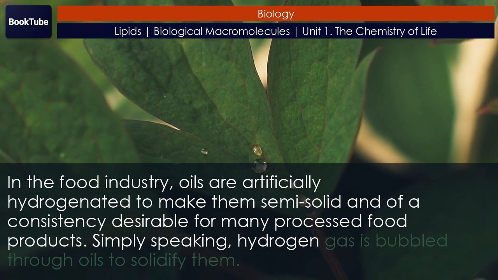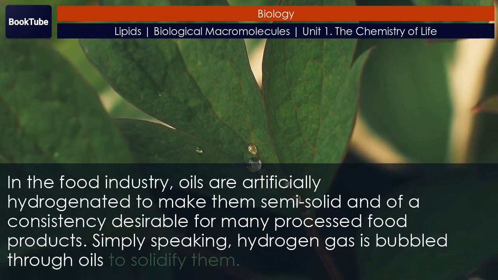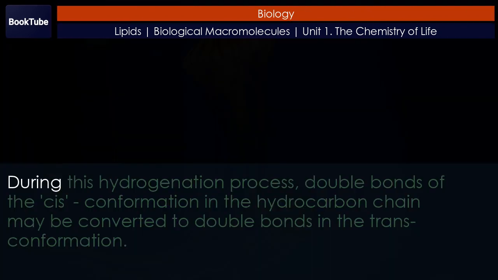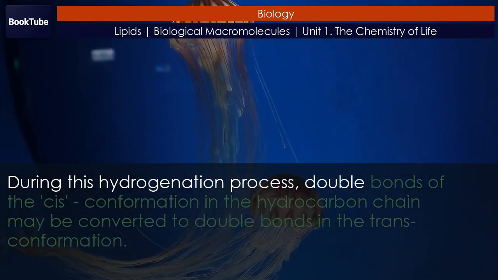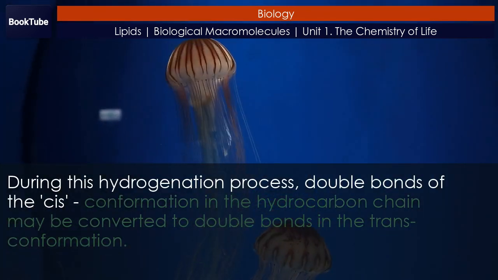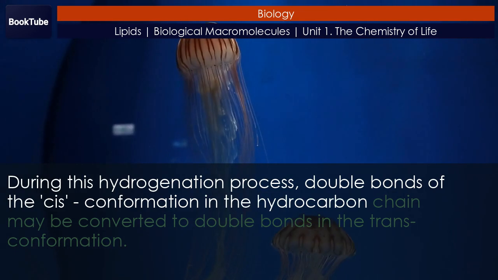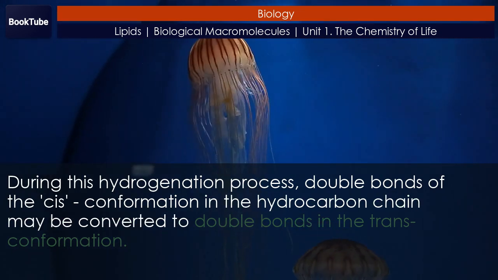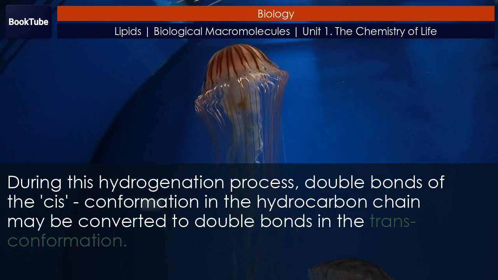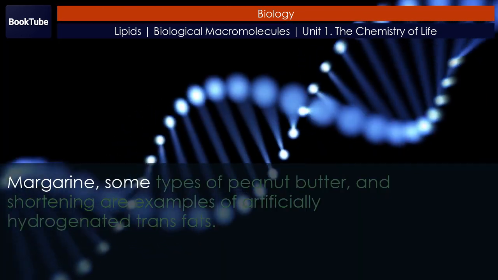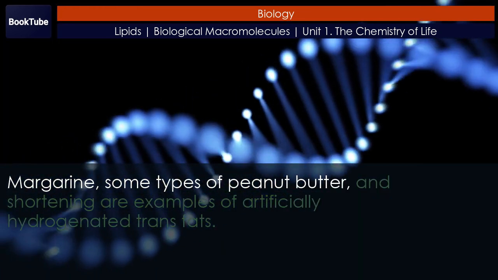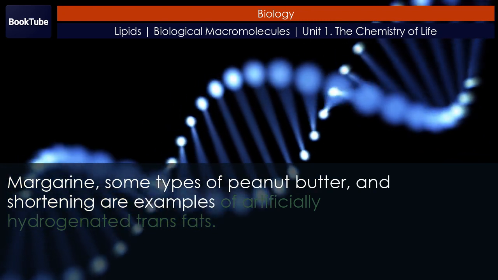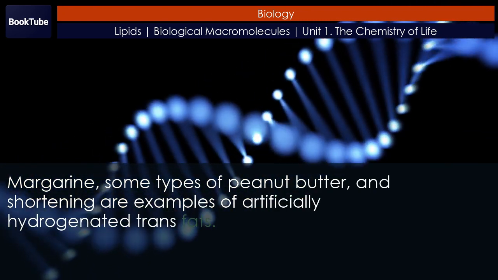Simply speaking, hydrogen gas is bubbled through oils to solidify them. During this hydrogenation process, double bonds of the cis conformation in the hydrocarbon chain may be converted to double bonds in the trans conformation. Margarine, some types of peanut butter, and shortening are examples of artificially hydrogenated trans fats.